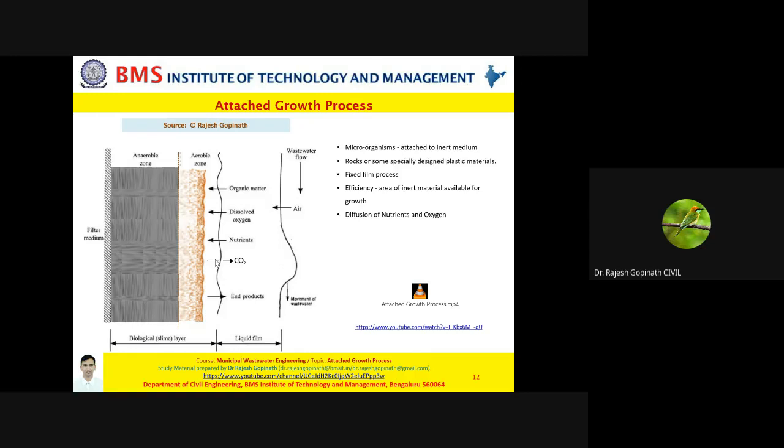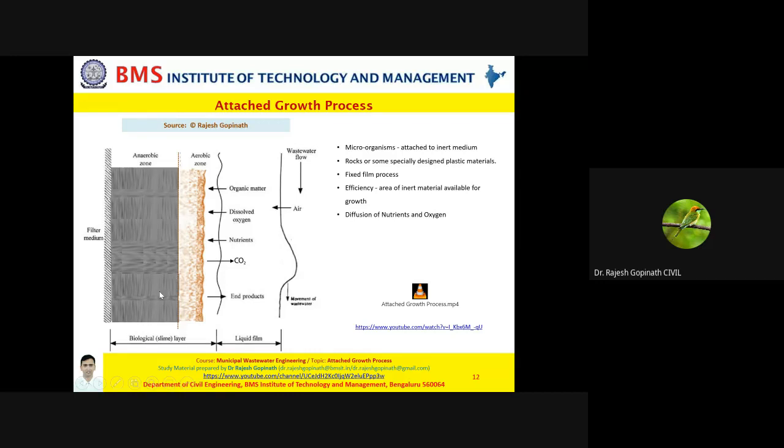Please remember one critical factor: the consumption of the substrate, that is organic matter, or the food, the impurities, the solids. The consumption of your substrate does not take place in the liquid film, it does not take place here, rather it is taking place in the microbial film.